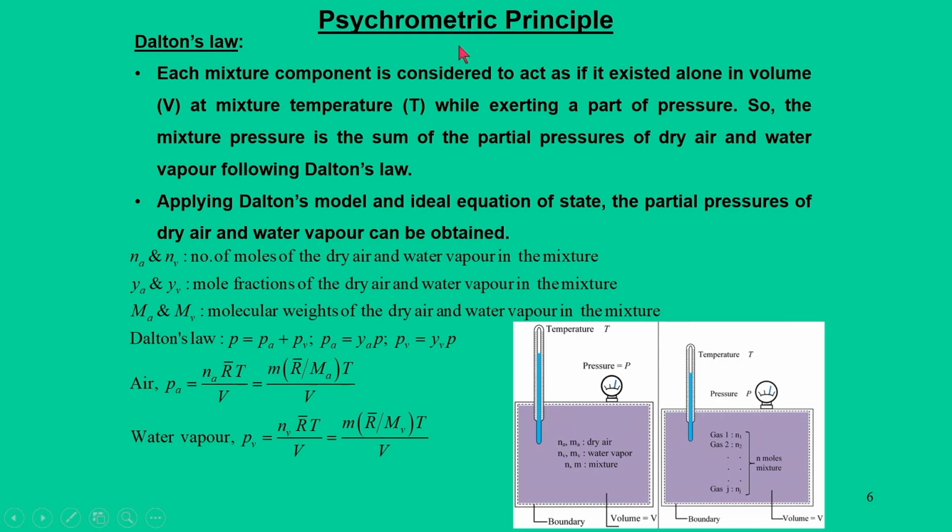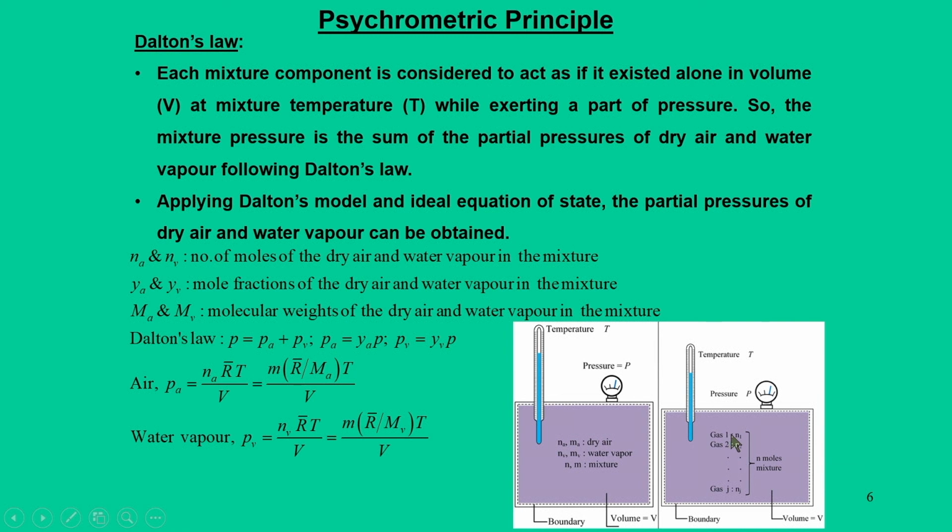Another important aspect in the psychrometric principle, you have to recall Dalton's law. In general, Dalton's law says that if you have a gas mixture with n number of gases kept in a container for which the total pressure is P and the temperature is T, that means the entire mixture is at temperature T, and each gas has a certain number of moles.